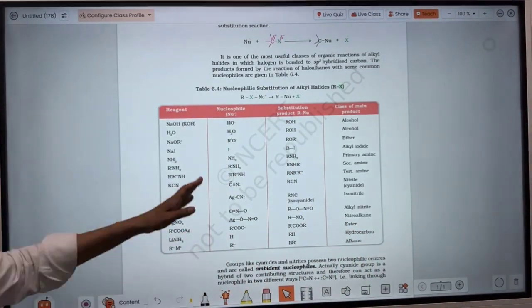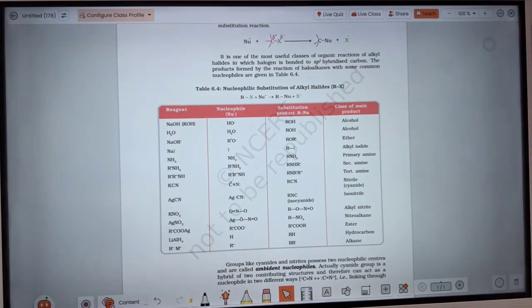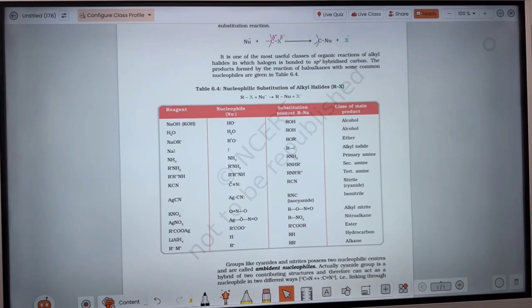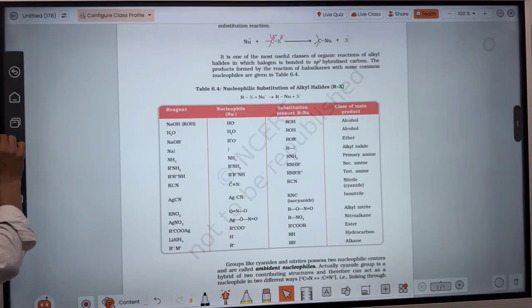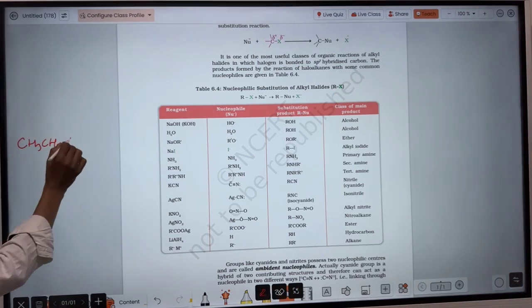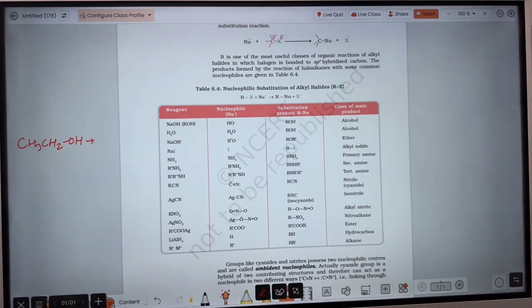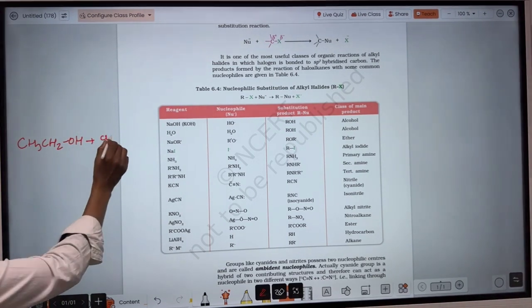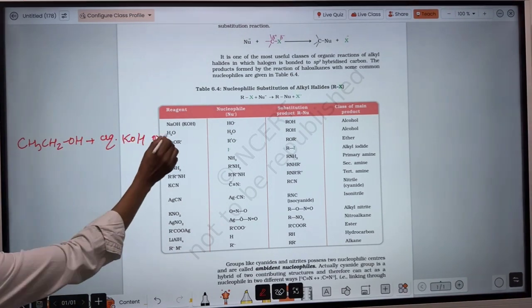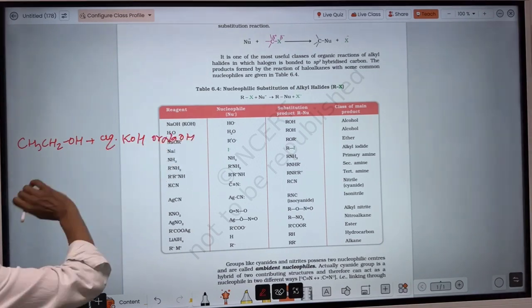First of all, we will discuss these products, what is forming here. First one is when NaOH is reacting with haloalkane. So suppose this is the molecule I am taking. You react it with aqueous NaOH or KOH. Okay, here aqueous, be careful, it should be aqueous KOH or NaOH, whichever you would like.